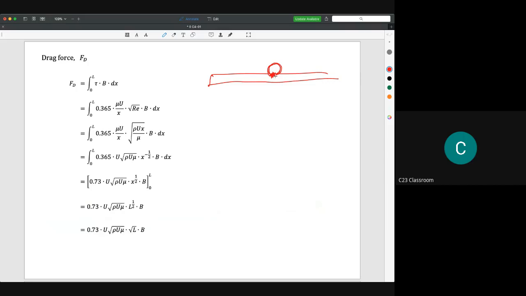Our aim is to calculate the drag force, the lift, the drag coefficient, and so on. It comes from the components of X and Y, some from the pressure and some from the shear stress.